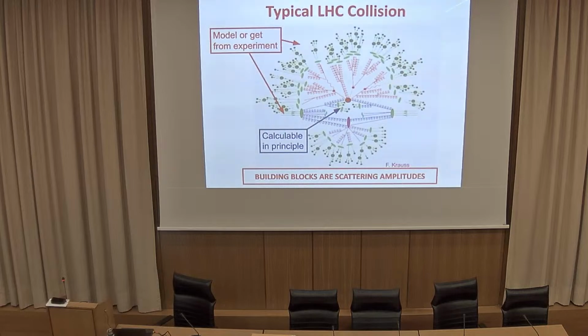So just normal quantum field theory scattering amplitudes, and that's what the focus of this talk will be. We're not going to be talking about the Monte Carlos, PDFs, etc., because to compute the actual cross sections, there are other things you need to know. But for this talk, we just focus on scattering amplitudes.